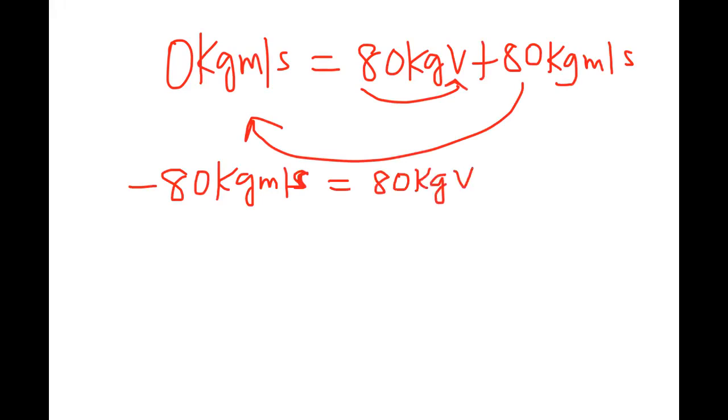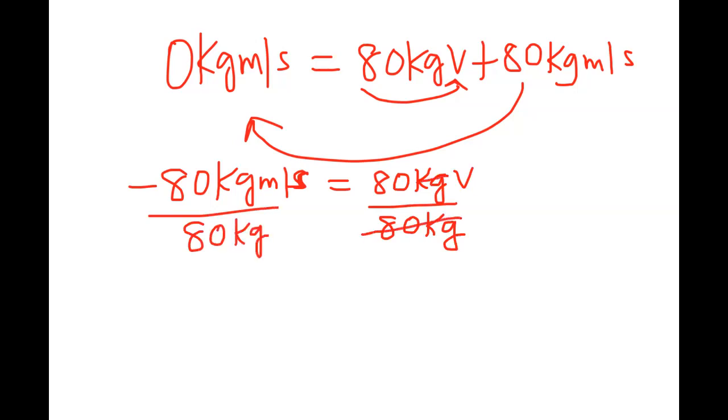Then I'll divide both sides by 80 kilograms because I need V to be on one side of the equation. The kilogram and kilogram cancel out, and 80 into 80 is just 1. What do I have? I have velocity is just minus 1 meters per second.